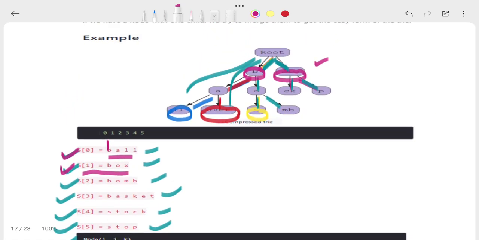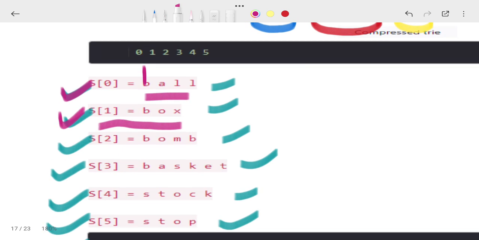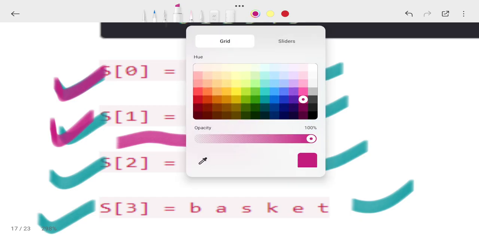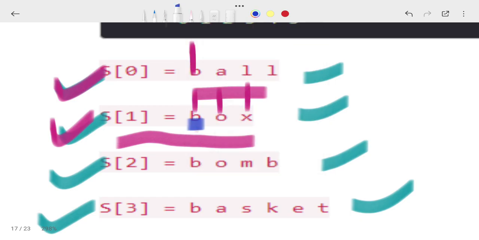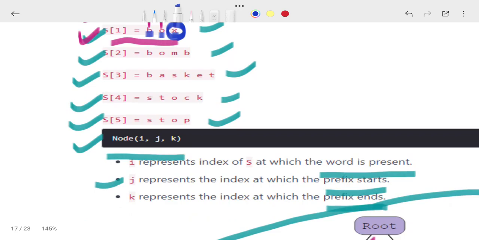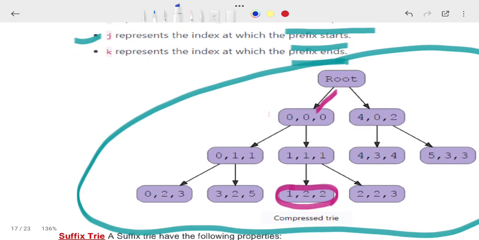You can see this is BOX, so the prefix starts at X. According to my array, B is 0, O is 1, and X is 2. So X starts at 2, and this is also my prefix. So I have written 1 2 2.